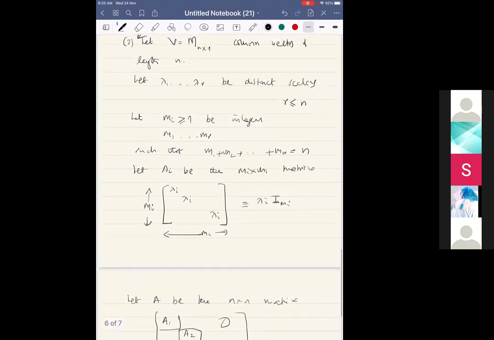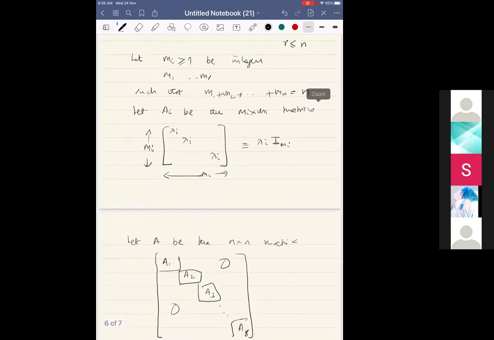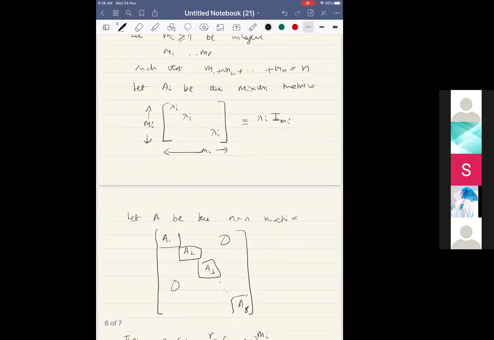We are trying to construct n cross n matrices, but the matrix will be in blocks of size m_i cross m_i, diagonal blocks, and there are only r of them because there are r scalars. Okay, yes. So this is m_1 cross m_1, this is m_2 cross m_2, and this is m_r cross m_r. And since the sum of the m_i is equal to n, this is m_r.